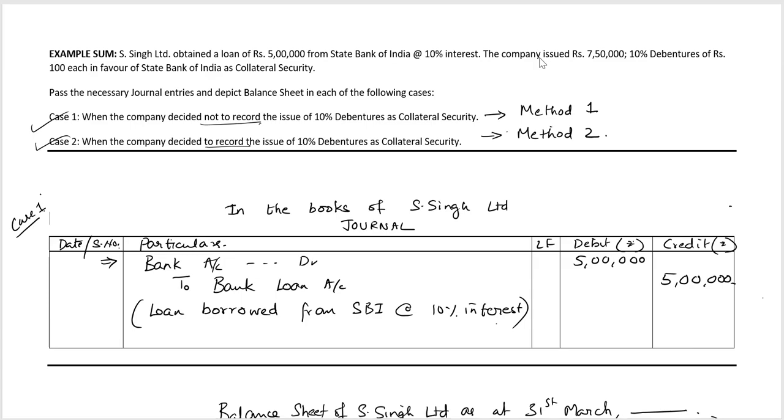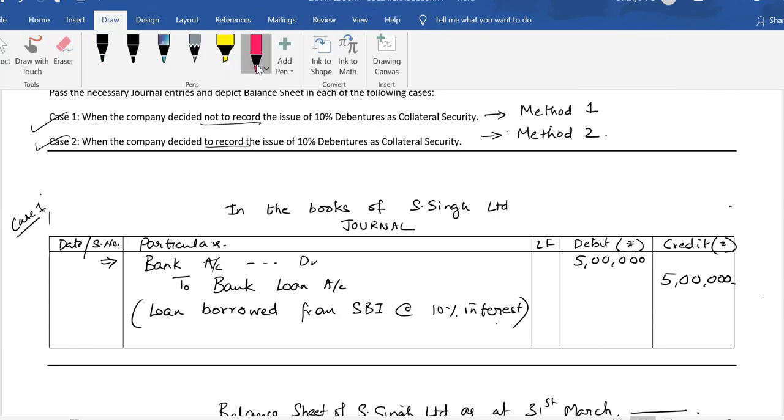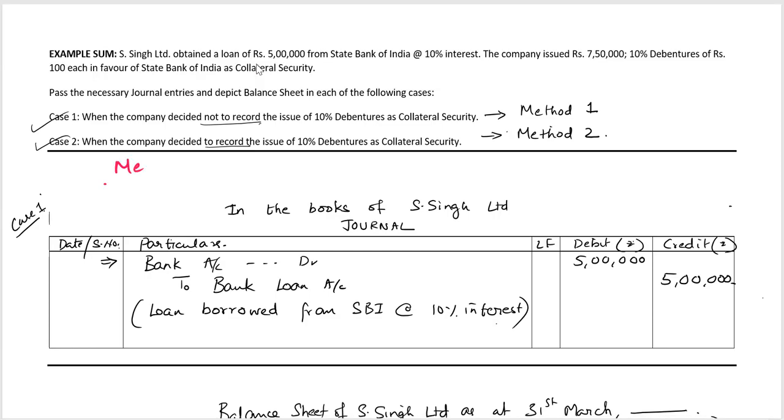So this is the answer or the preparation under the first method, method 1. The journal entry is just one journal entry which needs to be passed.